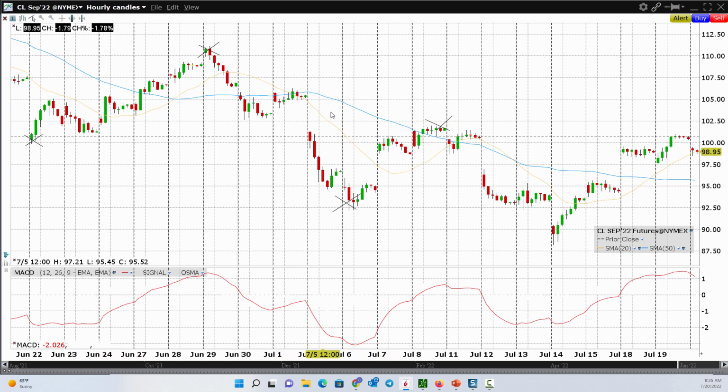So the intermediate pivots on the hourly chart are in a downtrend. And that speaks to, on the daily chart, you're in a short-term downtrend. The hourly chart is going to show that downtrend just as well, right? So it's a little bit of a precursor where you could say, again, we're in this downtrend.